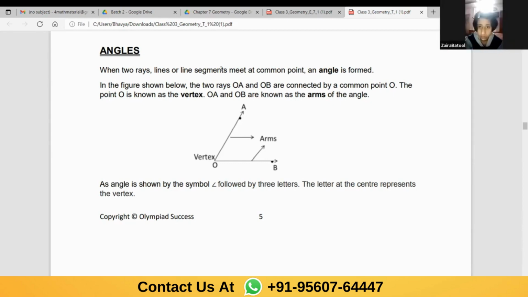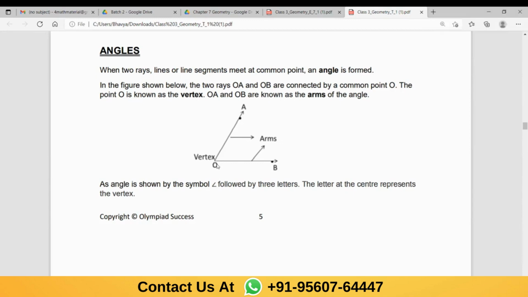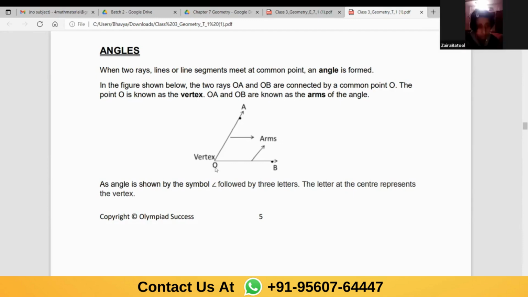Ma'am, the vertex always comes into the center, but the arms are the ones that start and end, right? The vertex is the starting point of both the rays. So OB has starting point O, a fixed point O. Similarly, OA has starting point O. But because O is common and we are joining both the rays, O becomes the vertex.